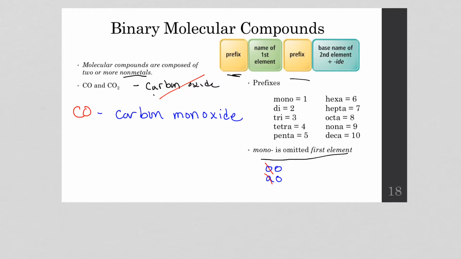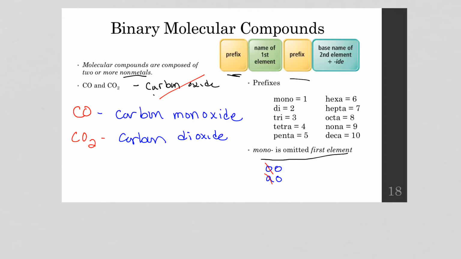Now, let's go to the second example, CO2. So again, it's carbon, and we have one of them, so it's just going to be carbon. Now we go to oxygen, but this time we have two, so we're going to use the prefix di. So dioxide.